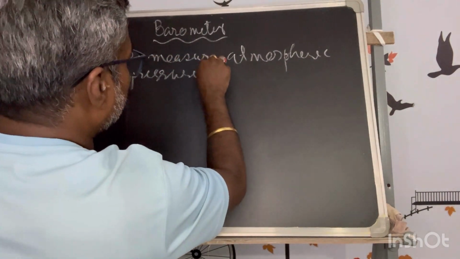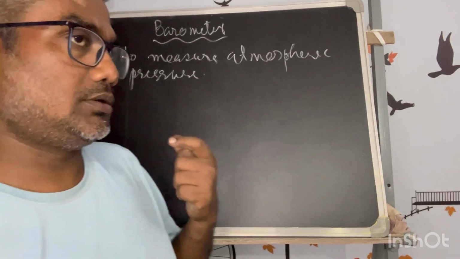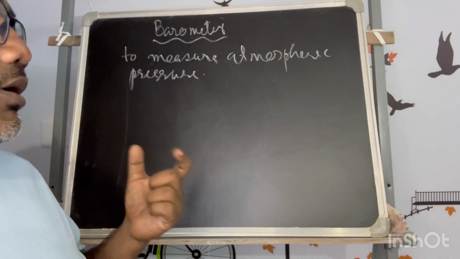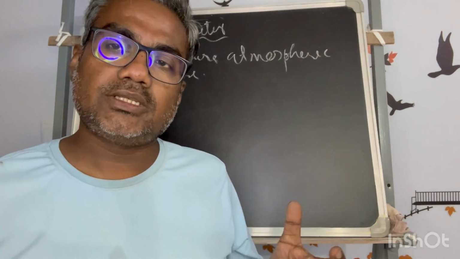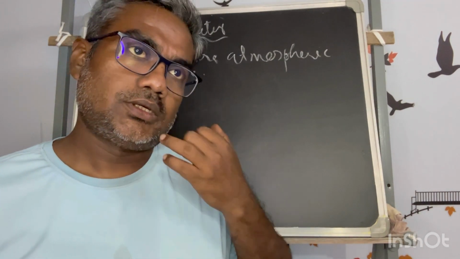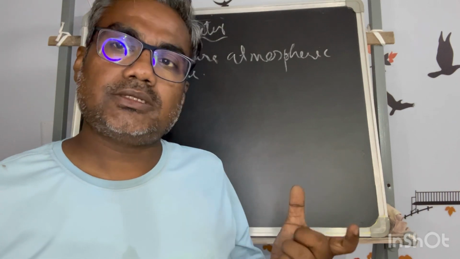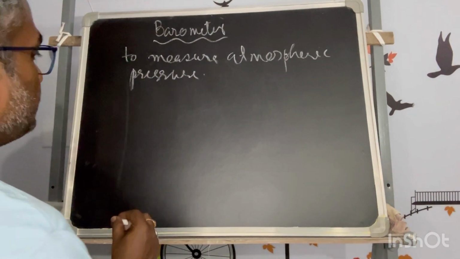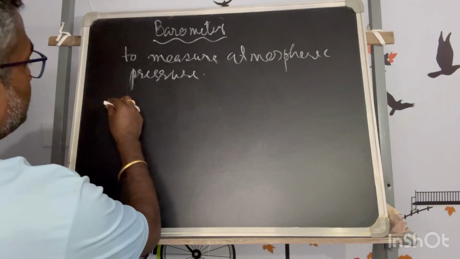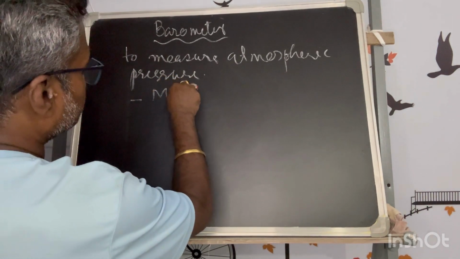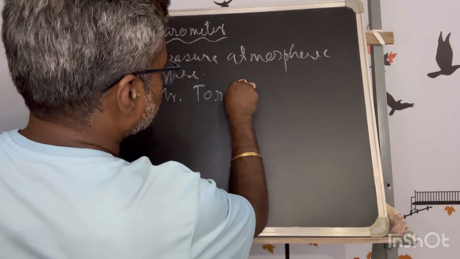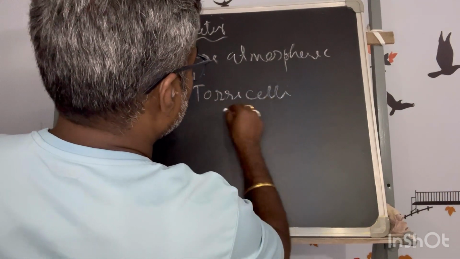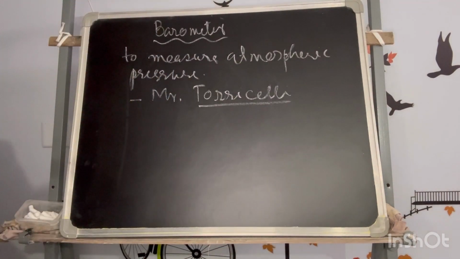This is the first instrument which has shown, physically, how to measure the value of the atmospheric pressure. The scientist behind this invention is Mr. Torricelli.